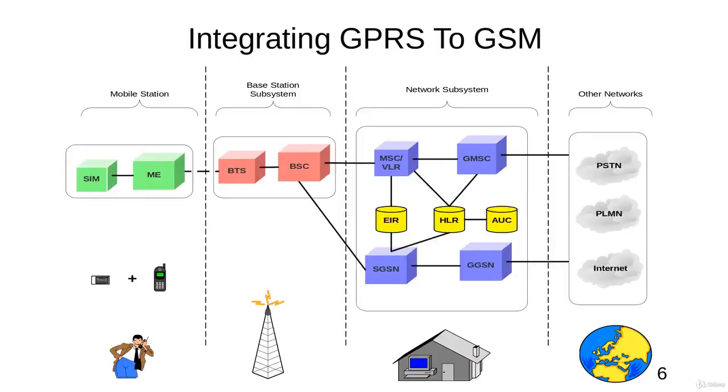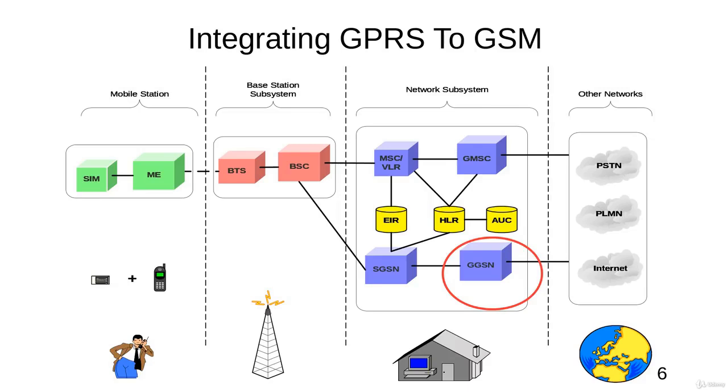And when we talk about the GSM architecture, I have a training on the pure GSM architecture. In order to incorporate GPRS into the GSM, as I said earlier, we are introducing the packet service in the existing GSM network. So these two nodes, first is the SGSN and then the GGSN.